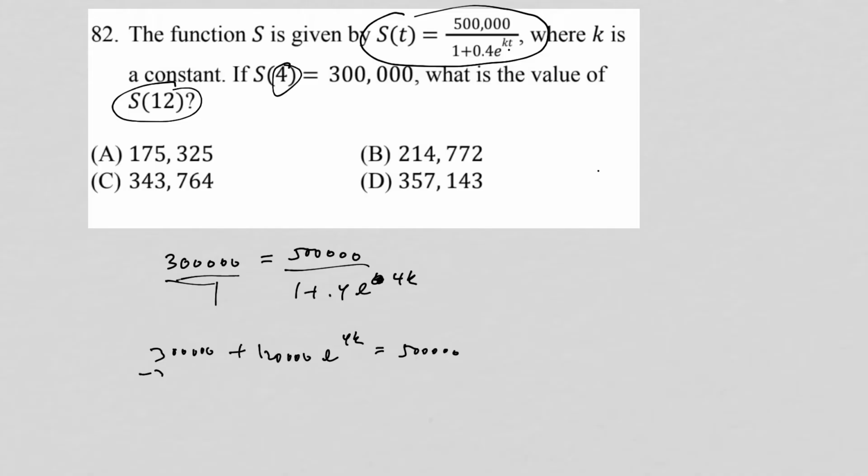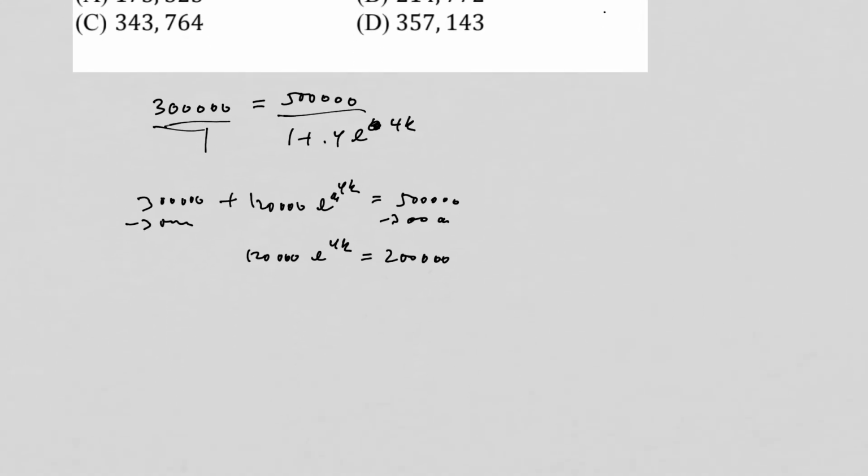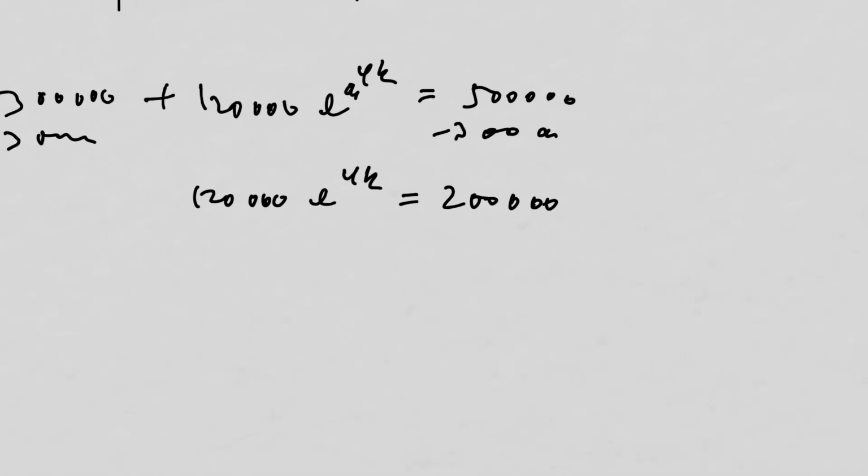Now you subtract 300,000 from both sides, and you get 120,000 e to the 4k is equal to 200,000. Divide both sides by 120,000.